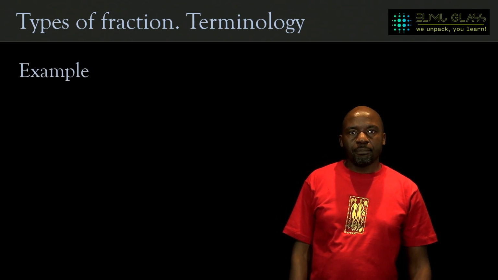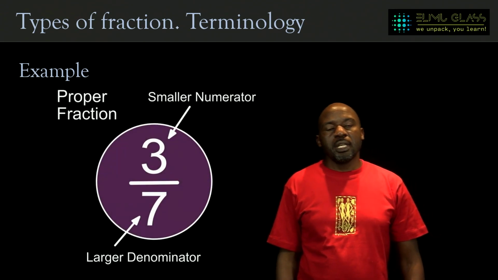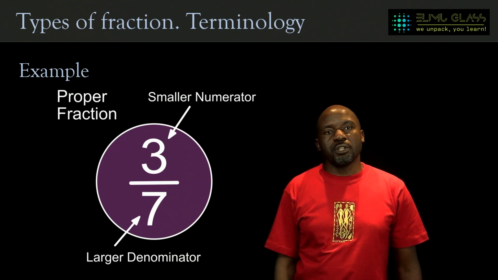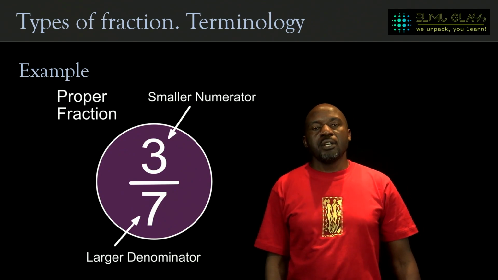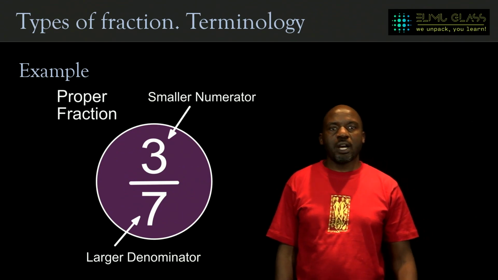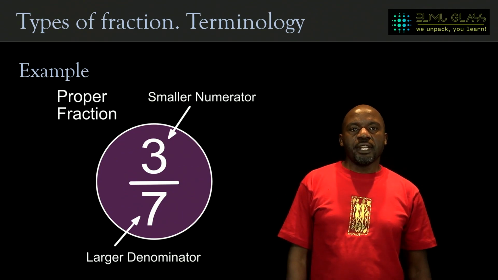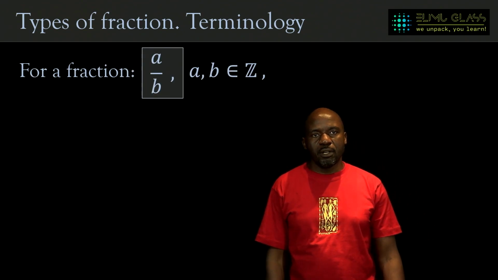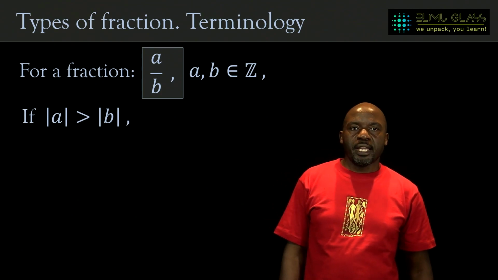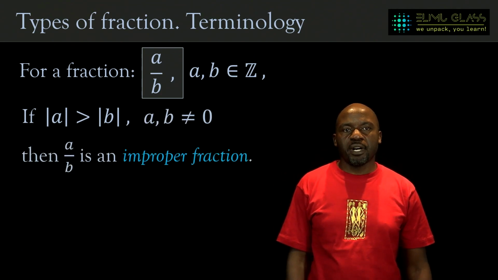Okay, here is an example of a proper fraction. You can see the number in the numerator, which is 3, is smaller than the number in the denominator, which is 7. So this is an example of a proper fraction. On the other hand, if the number in the numerator is larger than the number in the denominator, then what we end up with is what we refer to as an improper fraction.